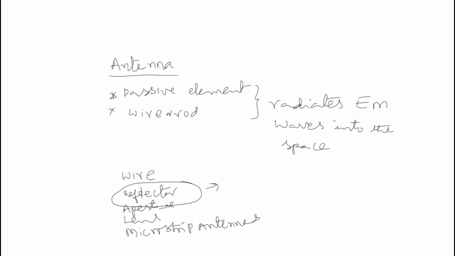Now coming to the performance of the antenna. The performance of antenna is measured in terms of its parameters. What are the parameters of the antenna? As it gives the radiation, the first parameter is radiation pattern.